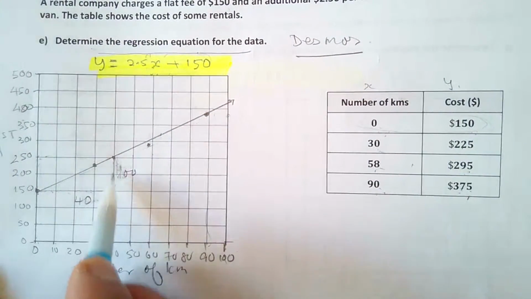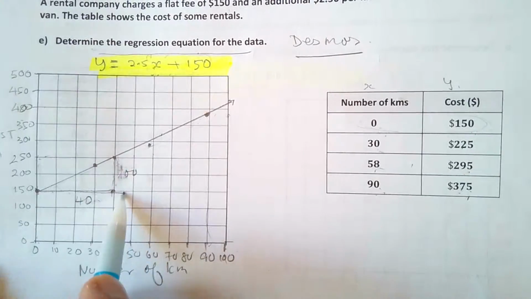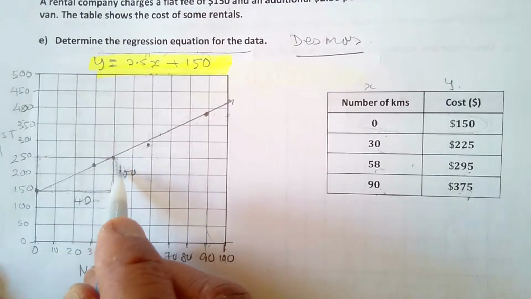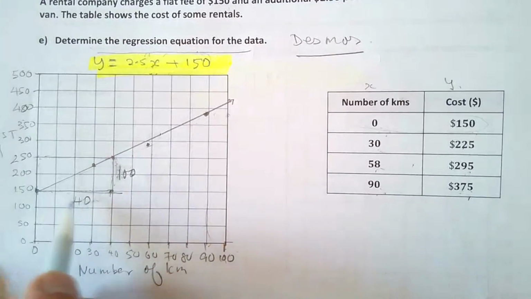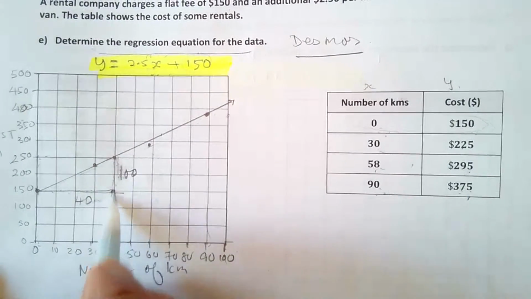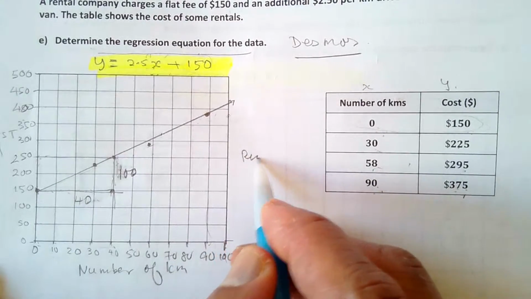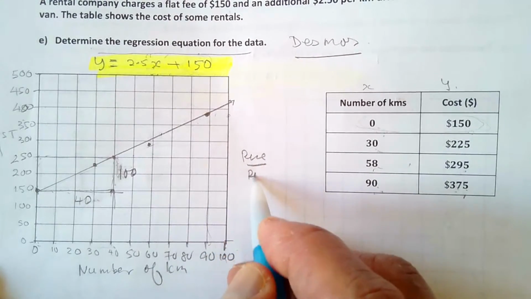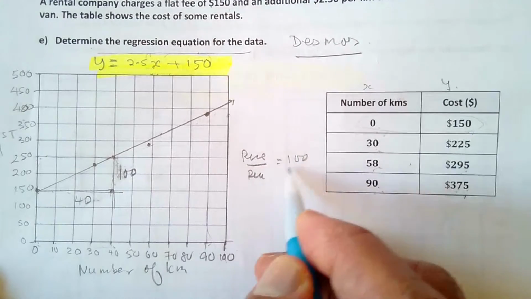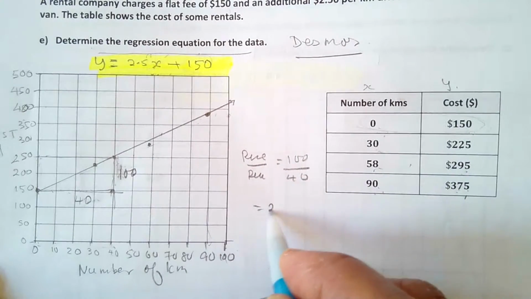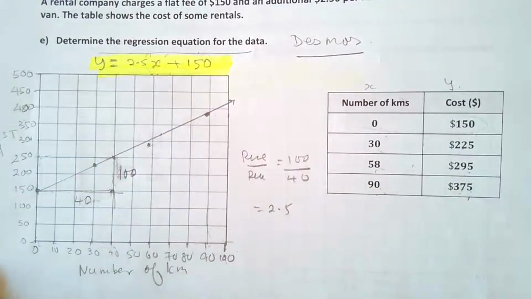My scale from here is 150, this is 250, so it's 100. And the run is from 0 to 40, it's 40. So the rise over the run is equal to 100 over 40, which is equal to 2.5. That's how that number came about.